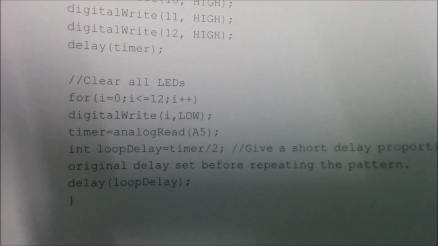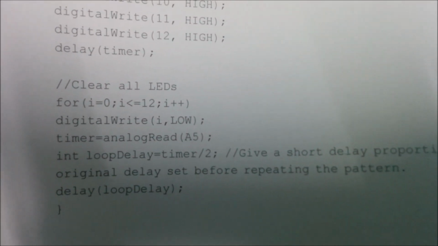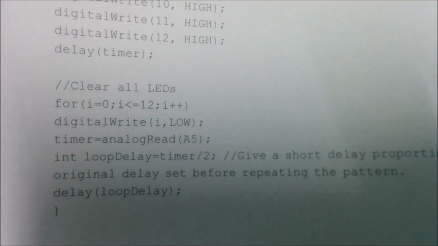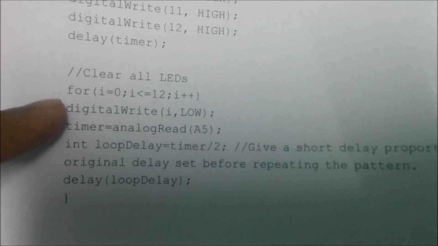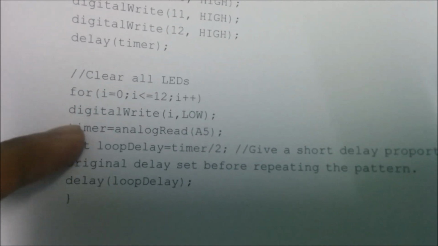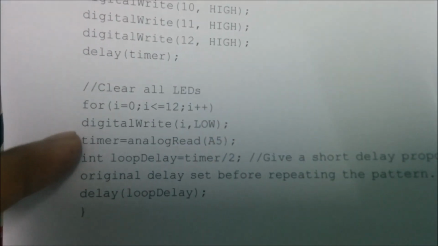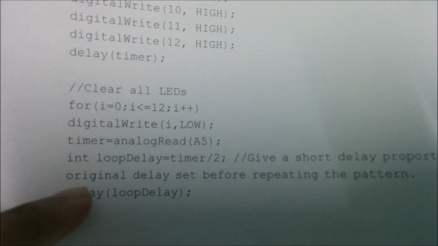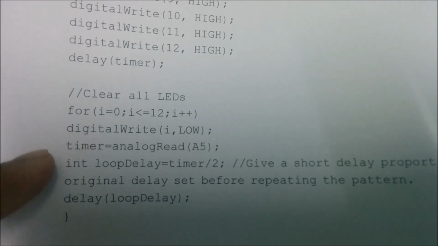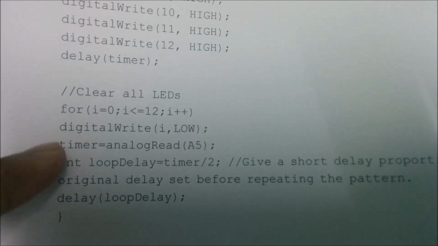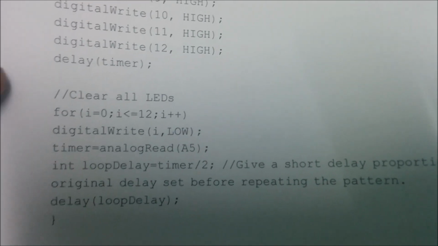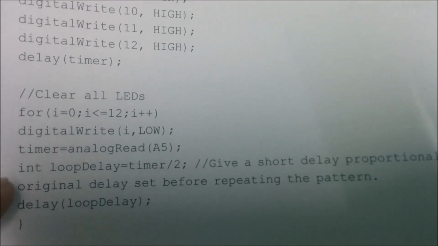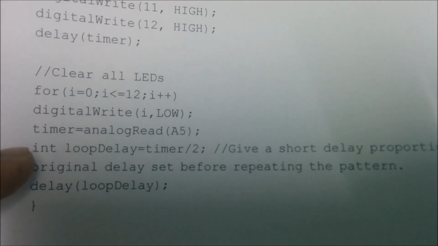Now, after glowing all the LEDs, we would require to clear them. For that, we would again use the for loop, which will quickly clear all the LEDs. And then, before glowing the first LED for the second time, that is, when the loop will execute the next time, we would be requiring to provide a delay.